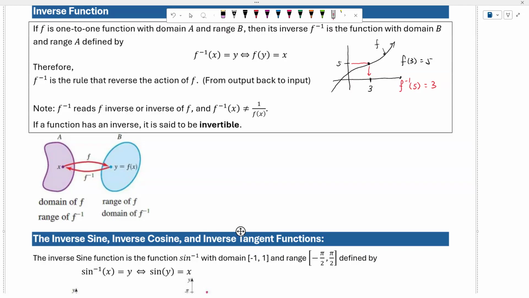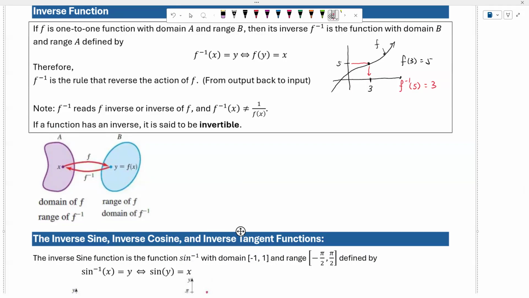So for the inverse function, y becomes the input and x becomes the output. Therefore, if A is the domain of f and B is the range of f, then for the inverse function, B will be the domain of the inverse and A will be the range of the inverse.